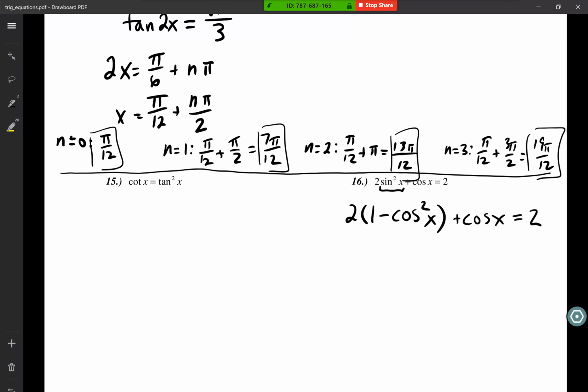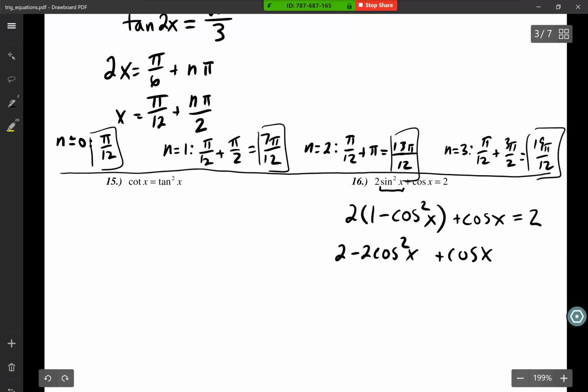And then we'll solve this just like anything else that we're trying to factor. So the first thing I'll do is distribute the 2. And then remember, if we're going to solve by factoring, we need to get 0 on one side. So I'm going to subtract the 2 over. When I subtract the 2 over, notice that they cancel in this particular case. So I'm left with 2 cosine squared x plus cosine x equals 0.